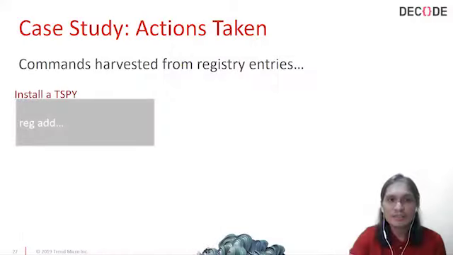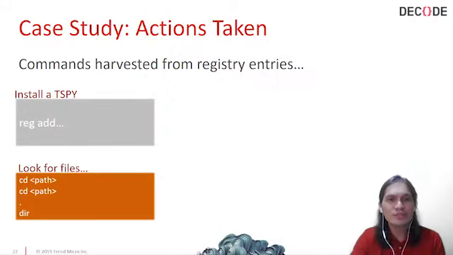Now, the second thing that we noticed was how the attackers seem to be looking for certain files in certain directories. We saw it because there was a series of cd commands, cd path, and whenever that change directory command is called, it went deeper into the directory structure until it reached a particular directory.